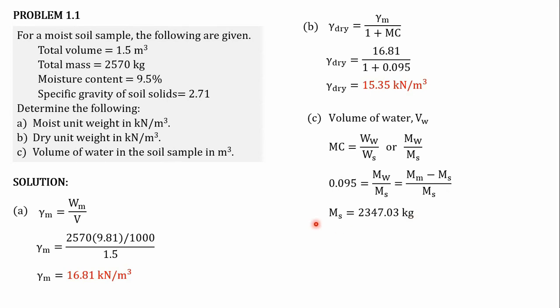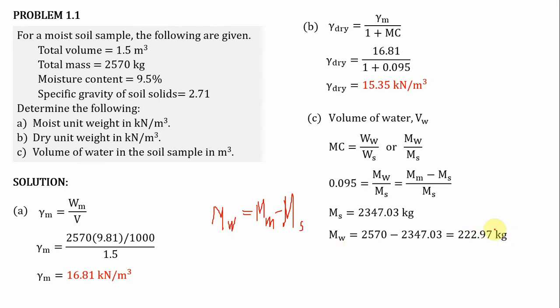So, the mass of water is equal to mass of moist soil minus mass of solids. Therefore, the mass of water is equal to 2570 minus 2347.03, which is equivalent to 222.97 kg.